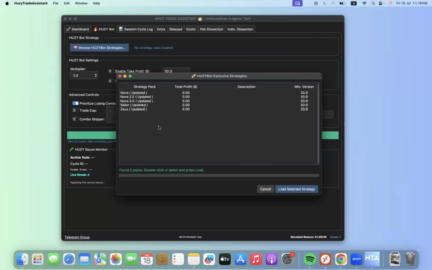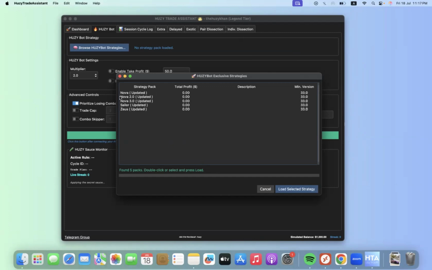Okay, it is not going to execute more trades than that per that cycle. And that cycle is your current streak starts climbing up, and as soon as it resets to 0, that is your cycle. So all of these strategy packs can execute 2 trades per cycle. So that is one thing that you need to bear in mind.